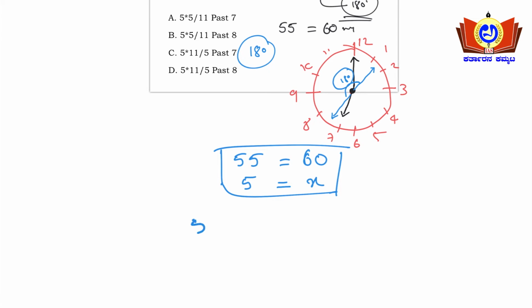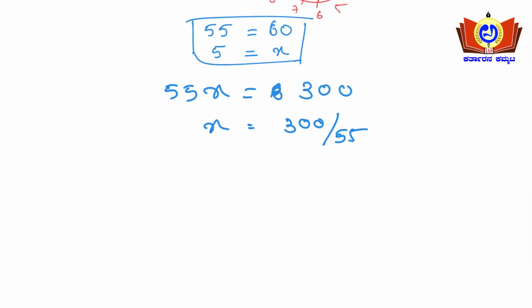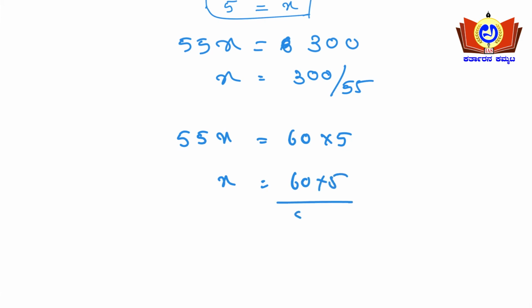Okay, so 55x will be equals to 6 5s are 30, directly I can write here 6 5s are 30 means 300. So x will be 300 upon 55, or else I can solve it like this also. See guys, to make my simplification simpler, 55x will be equals to 60 into 5, and x will be 60 into 5 upon 55.